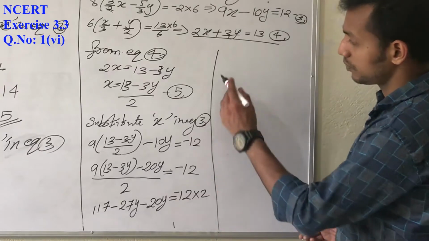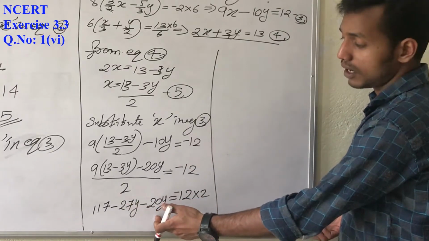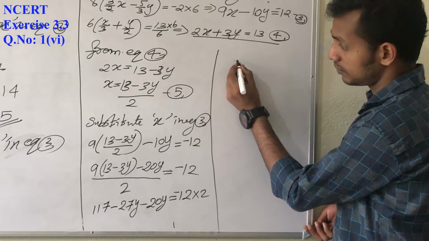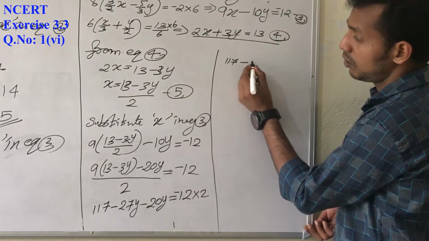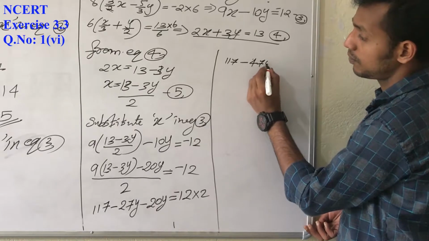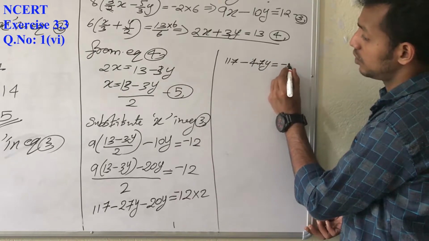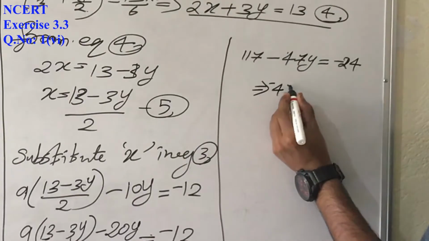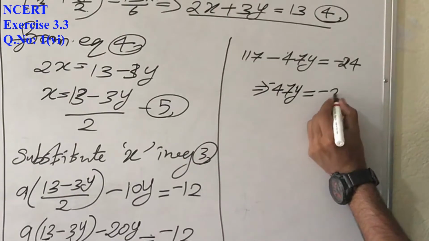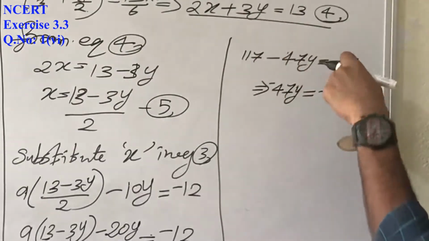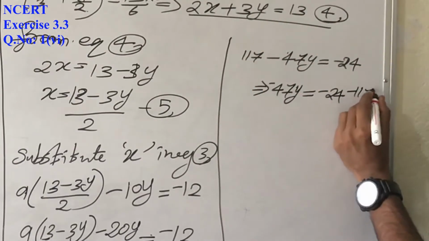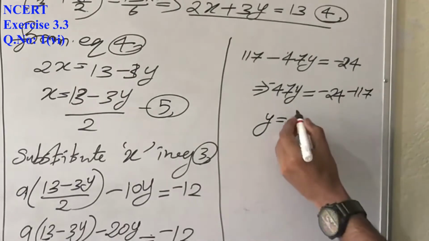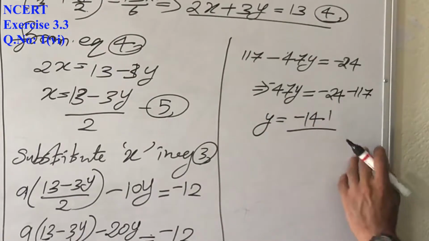Now minus 27y minus 20y will be minus 47y. 117 minus 47y is equal to minus 24. That implies minus 47y is equal to minus 24 minus 117, will be minus 141. y is equal to minus 141 divided by minus 47.